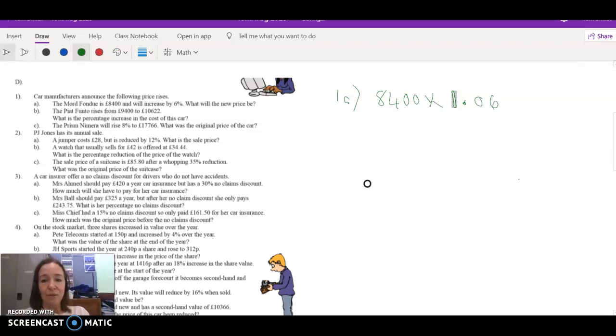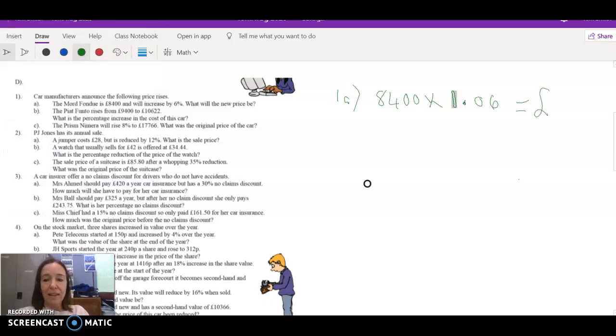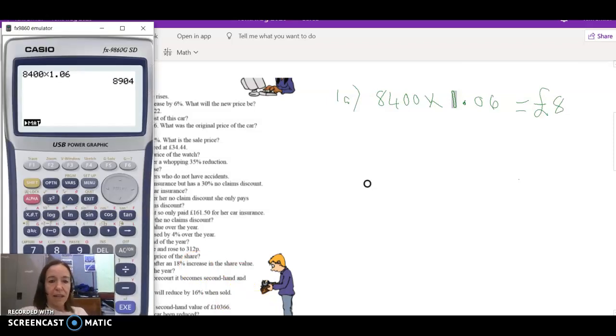So it'll be 8,400 times 1.06, and when I put that into my calculator, we're going to have 8,400 multiplied by 1.06 and we get £8,904.